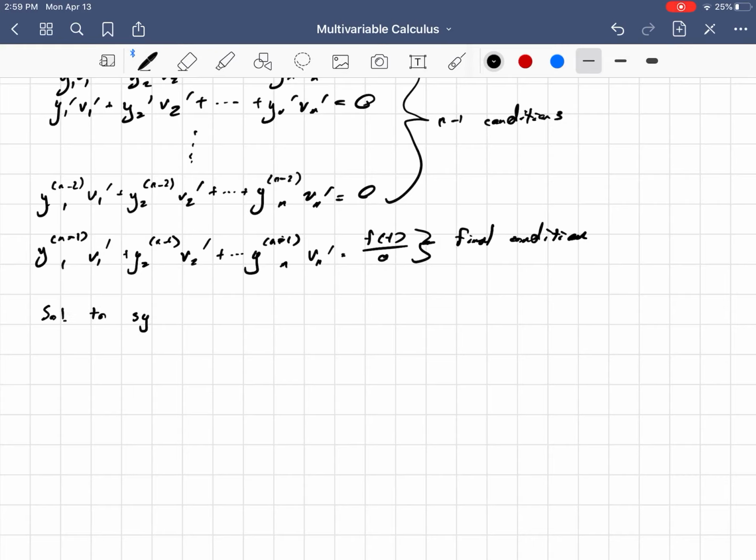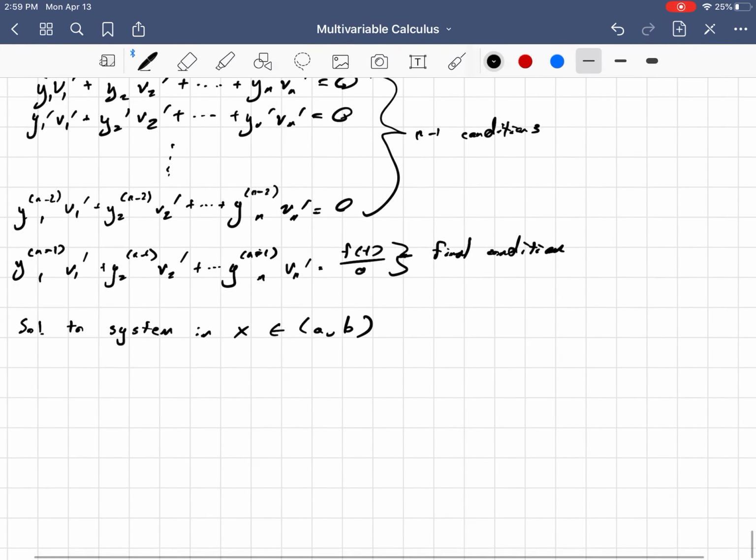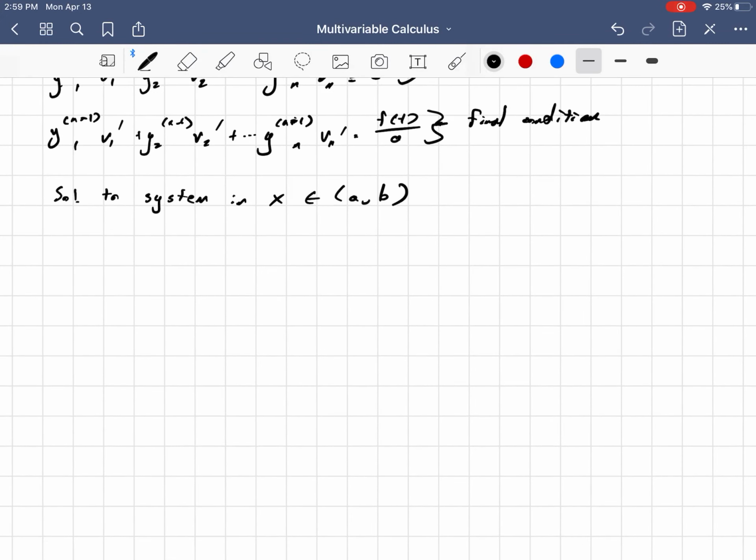Another necessary condition for the solution to the system is that, say we're solving on the open interval from a to b, the solutions on this interval need to be linearly independent.